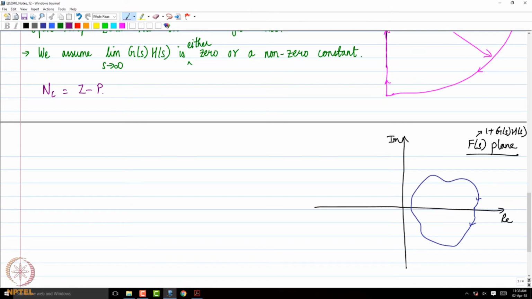Now, for closed loop stability, we want z to be 0. Please remember that.